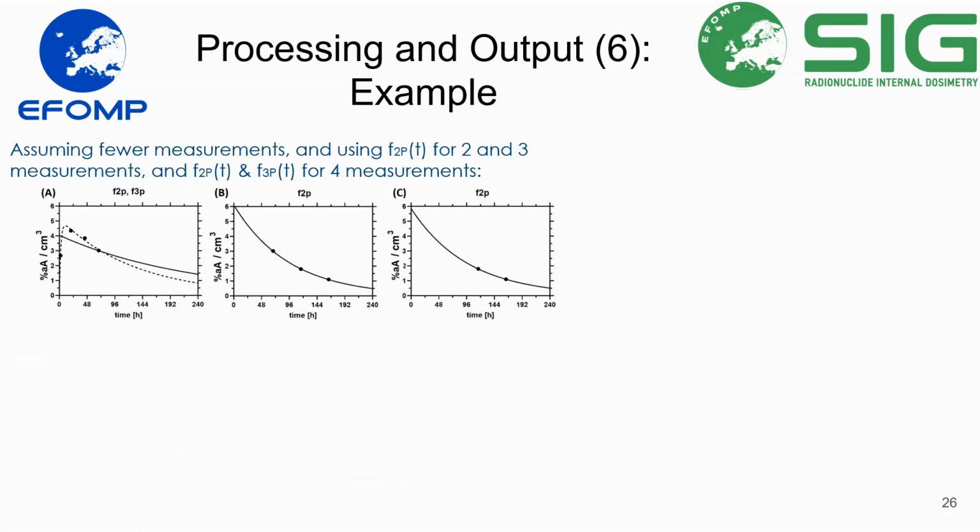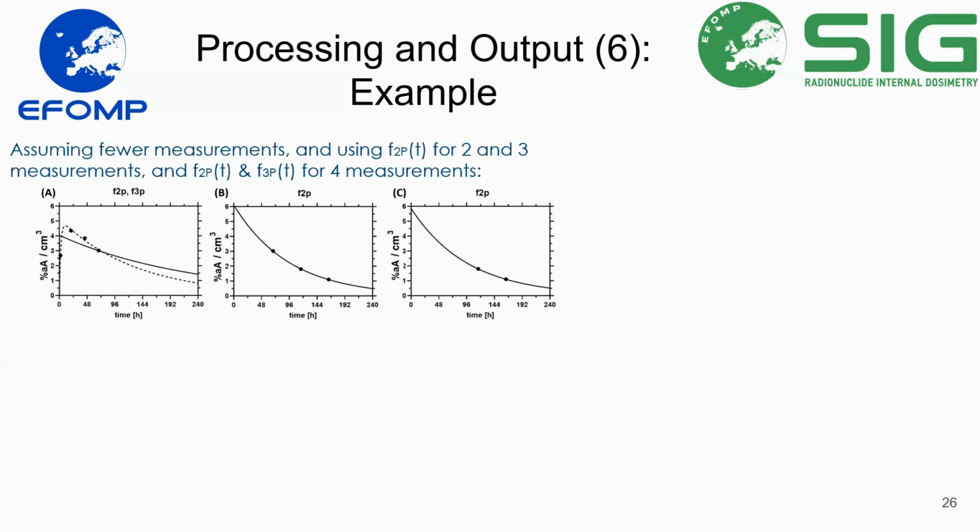And the next example is we would like to check what happens if we have fewer measurements. Let's say we use a function with two parameters for 2 and 3 measurements, and F2P and also F3P for 4 measurements.